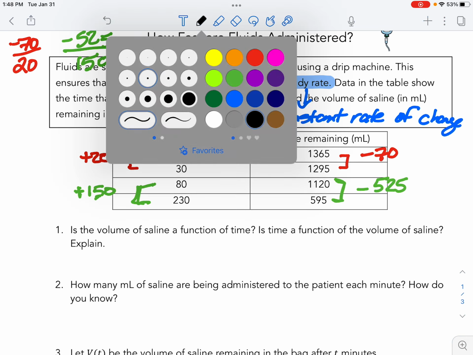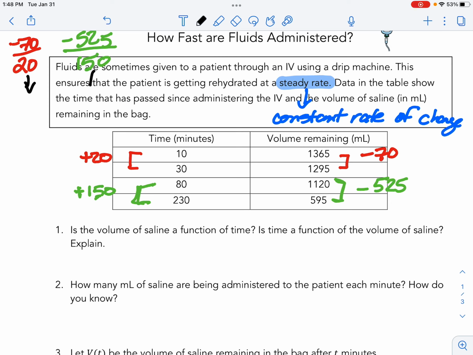Well, we can definitely figure out what that legitimate rate of change is. If I did 70 divided by 20, that is negative 3.5. There's a bunch of ways you could write that. Technically, it's also negative 3 1/2. Maybe you would think about it as negative 7 over 2, and so on.